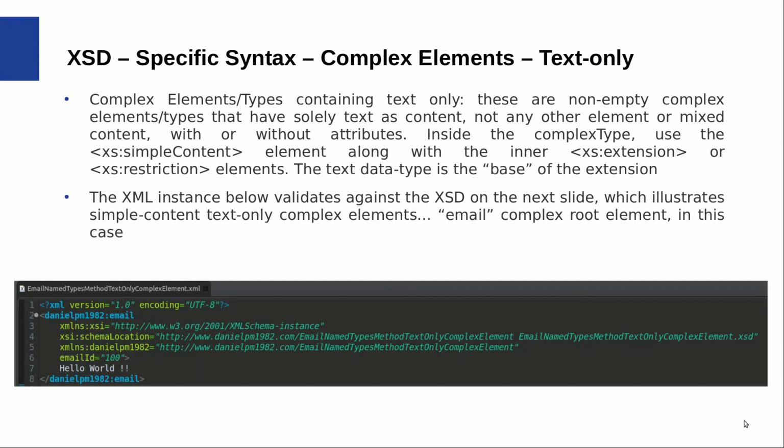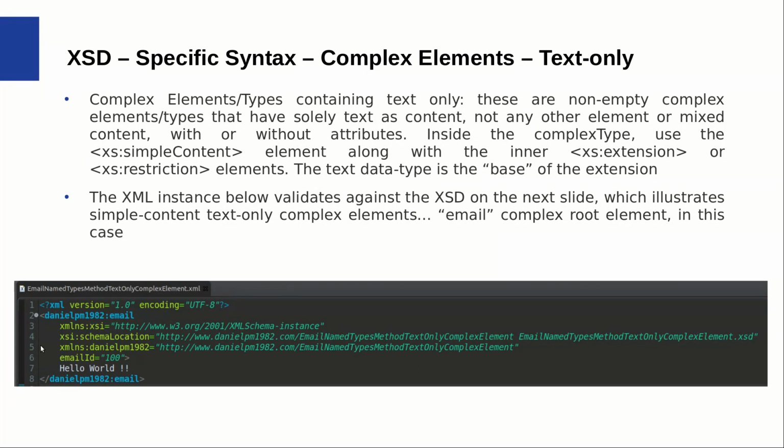And now let's see how to set a complex element for accepting only text as its content. In this case, it won't accept empty content or element content, neither mixed content.